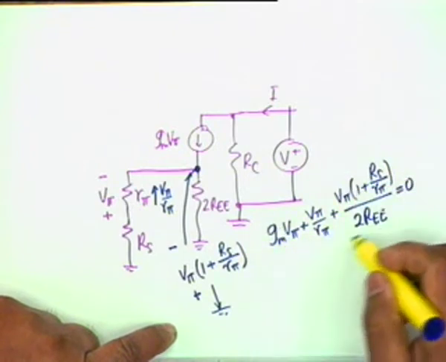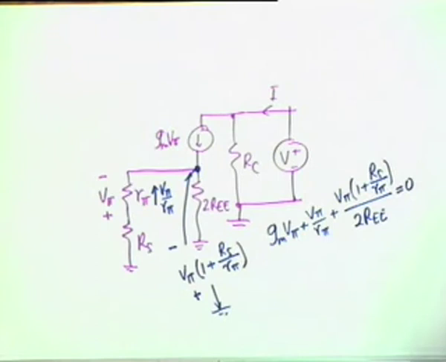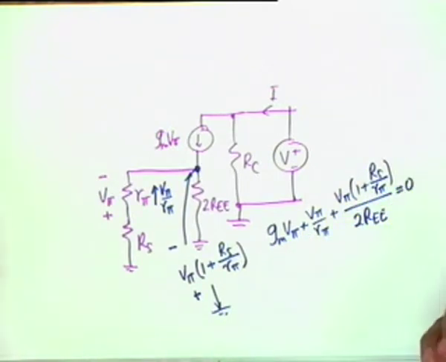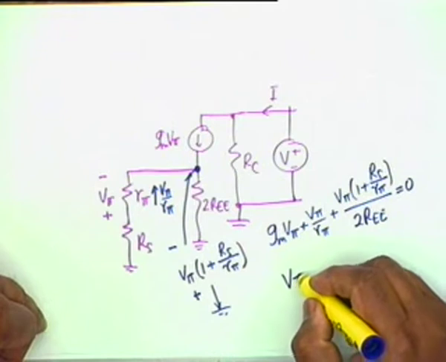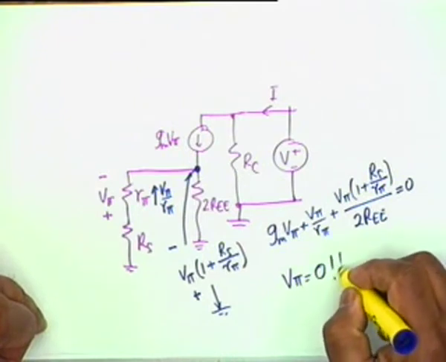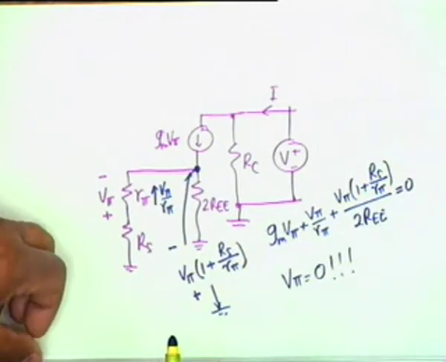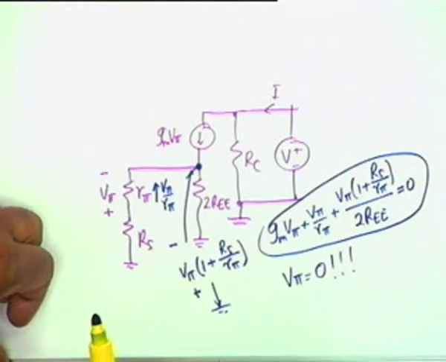Now in this equation, what is the variable? Variable is V pi. And this equation should be true for all values of R pi, RS and REE. So what is the solution? V pi equal to 0. Okay, in this equation, we are trying to find this voltage V pi.